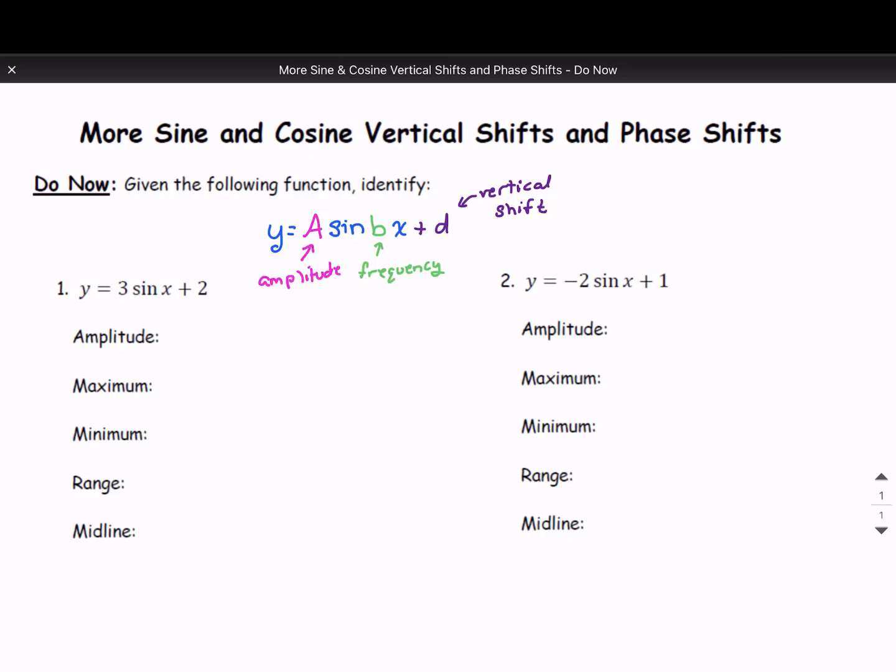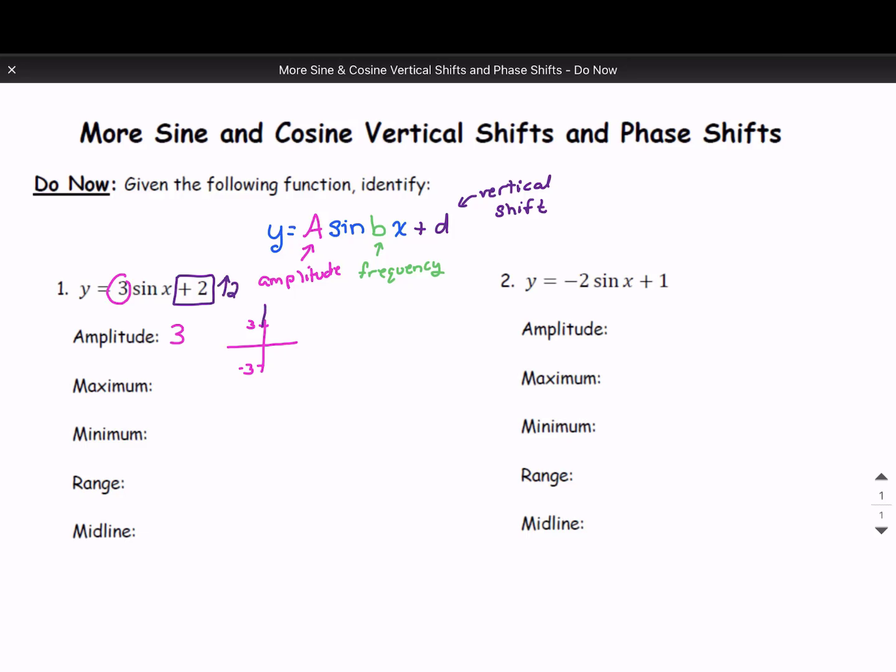So in this first example, y equals 3 sine x plus 2, this first number here, 3, is our amplitude. Now that means in a normal graphing situation, our graph would go up to 3 and down to negative 3. However, we have this plus 2 here, which is going to shift our graph up 2.